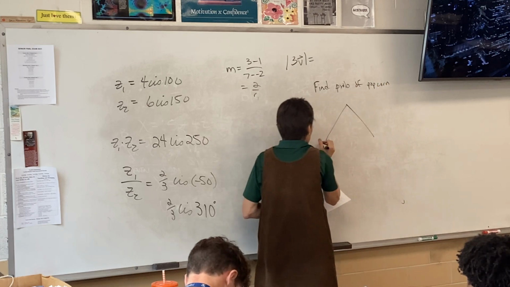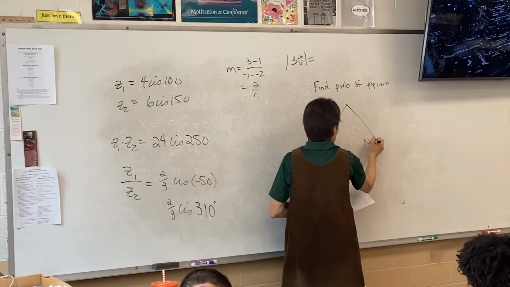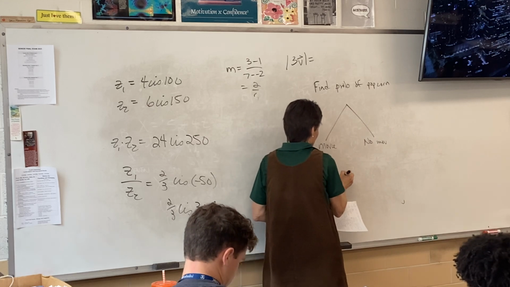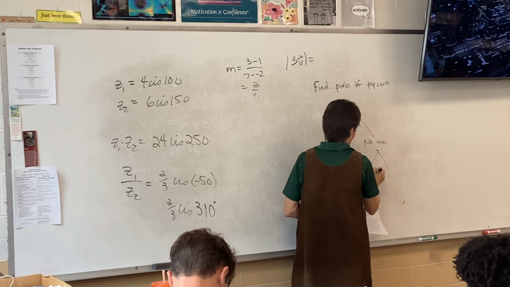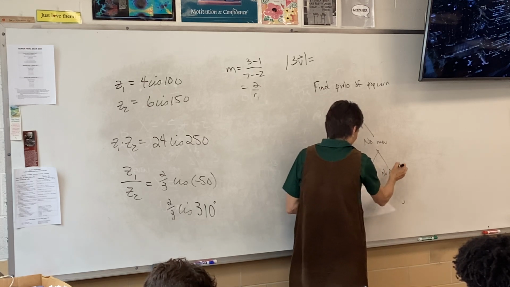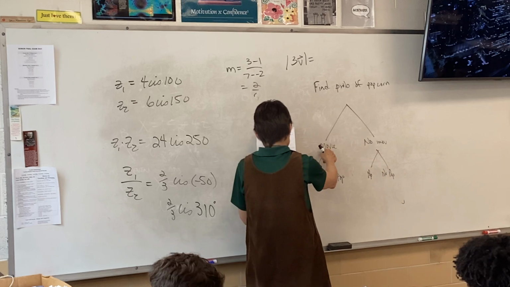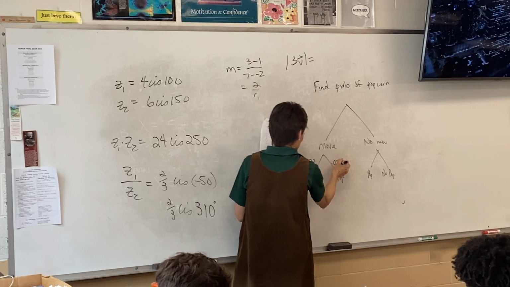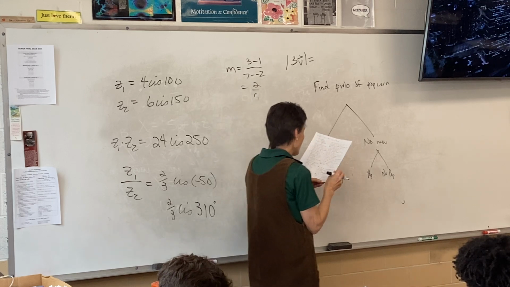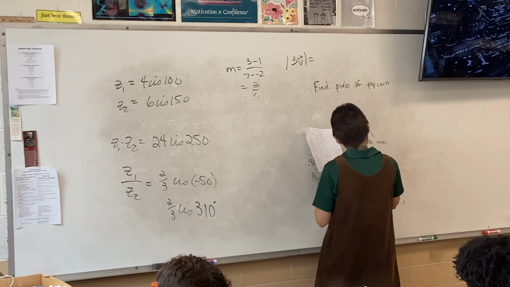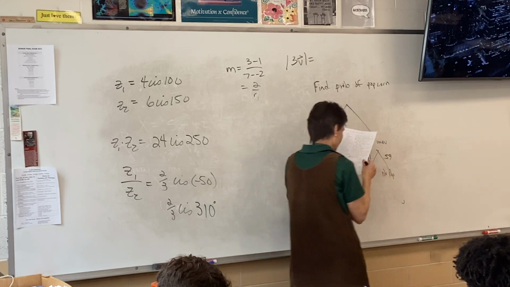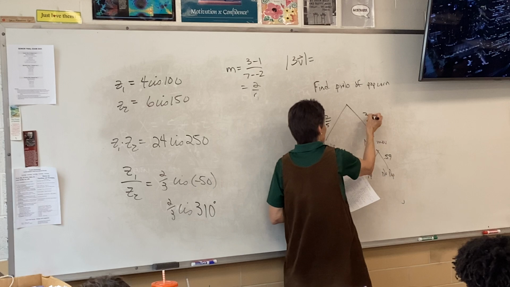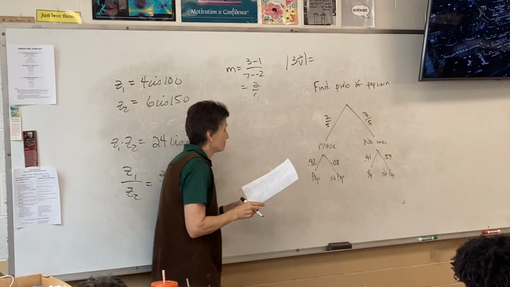Okay, so we have movies, no movies, popcorn, no popcorn. If they show movies, there's a 92% chance of popcorn and an 8% chance of not. If we don't show movies, 41% and 59%. They show movies 2/5 of the time, so 2/5 and 3/5.